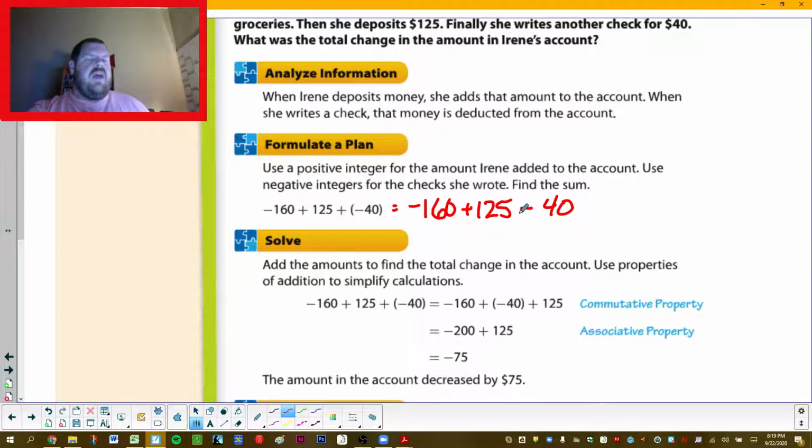And if I did that, I wouldn't be able to move things around, because of that commutative property that we talk about with addition, where I can move the numbers around, and they actually use it right here. They move the negative 40 over to the negative 160 so they can do that part first. That sort of regrouping idea doesn't work for subtraction. Okay, so it doesn't work for subtraction here, but they have it written as an addition problem, so it does work.